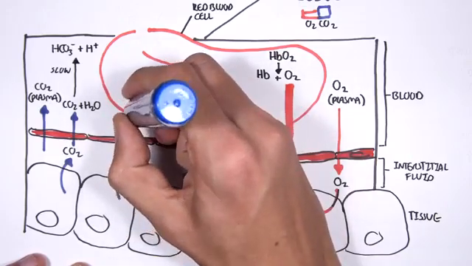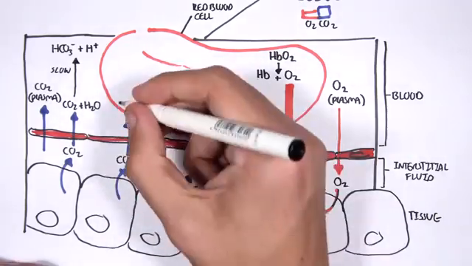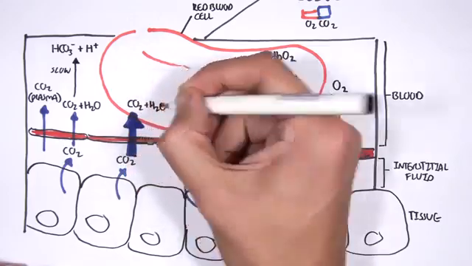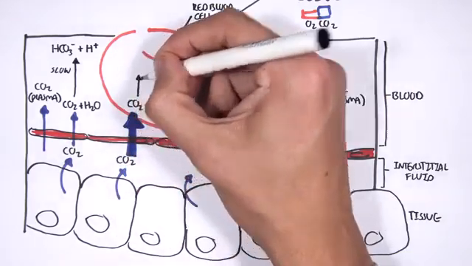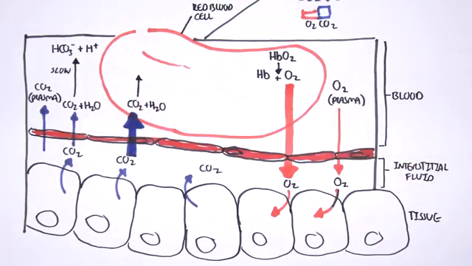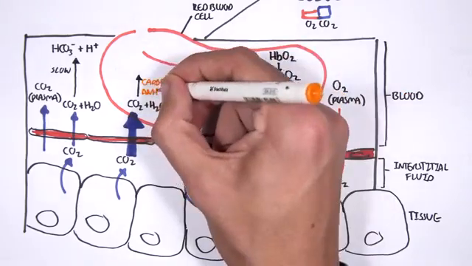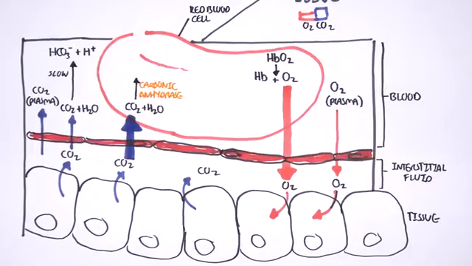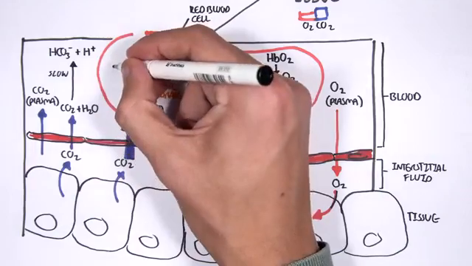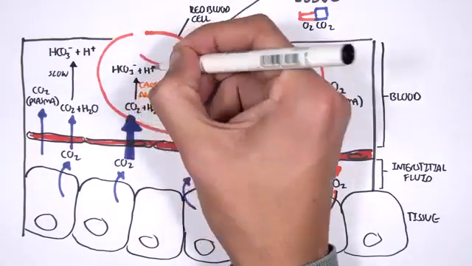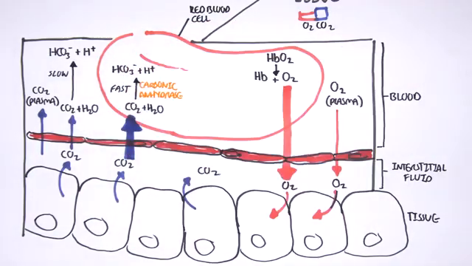However, most of the carbon dioxide will actually enter the red blood cells, and here it will react with water. Within red blood cells, you have these membrane-bound enzymes called carbonic anhydrase, which will, through a fast process, convert carbon dioxide and water to form bicarbonate and hydrogen ion. This is exactly the same as the process that occurred outside, which was slow.